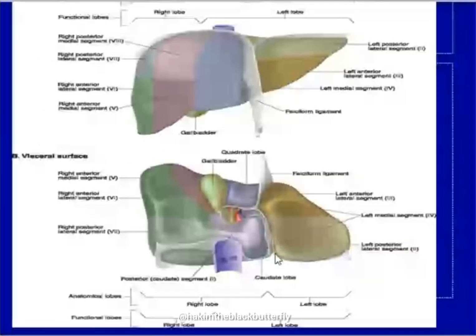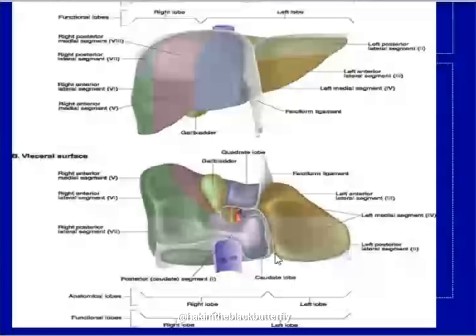That's the question. So I was saying that the next step we are going to look at are the functional lobes of the liver. The functional lobes are also known as physiological lobes. Remember, the anatomical lobes are demarcated depending on which side of the falciform ligament it is located.